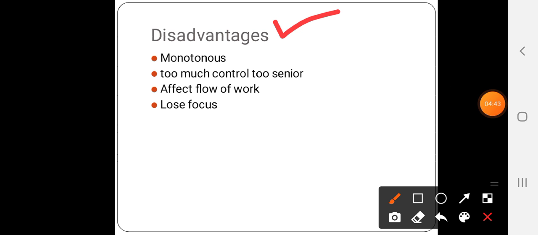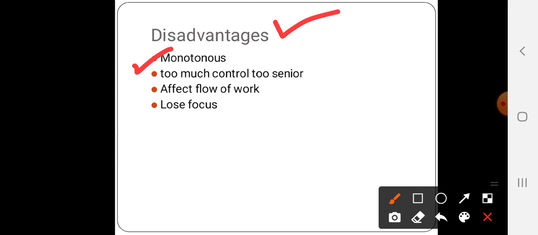Next, what are the disadvantages of this job design? First is monotony. I am using different aspects like job simplification, enrichment, enlargement, rotation, because these four aspects make up a particular job design.